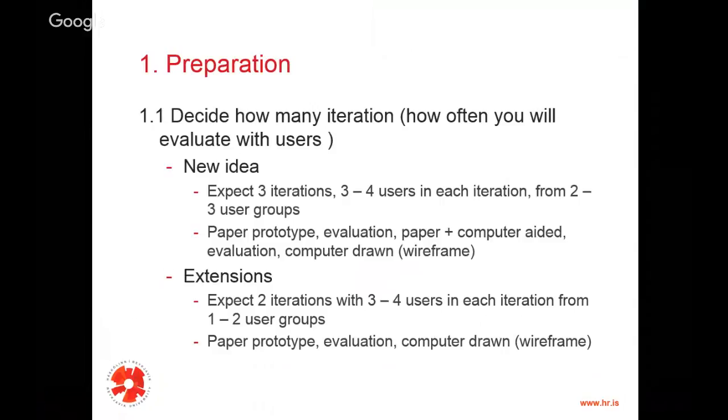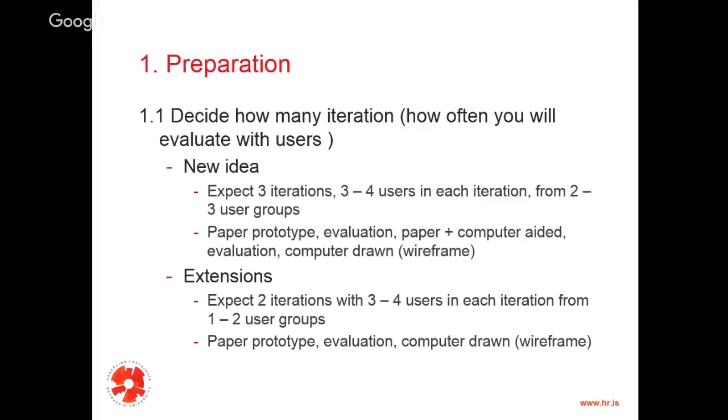So the first prototype would be a paper prototype with post-its, everything movable. Then you would do an evaluation or an interview session with the users. Bring your prototype with you. You would do another one, some based on paper, but also computer aided. So you could use Balsamiq, but for the areas that you're not really sure about, you could add post-it notes.